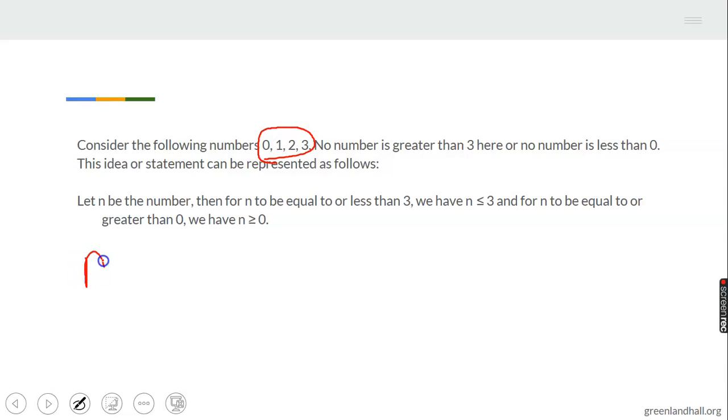Now, n is less than or equal to 3. If you are to list the values of n, you will pick those numbers that are less than 3, and they are, let's say, positive, 0, 1, 2. But it does not say only less, it's also equal. So 3 is part of this.